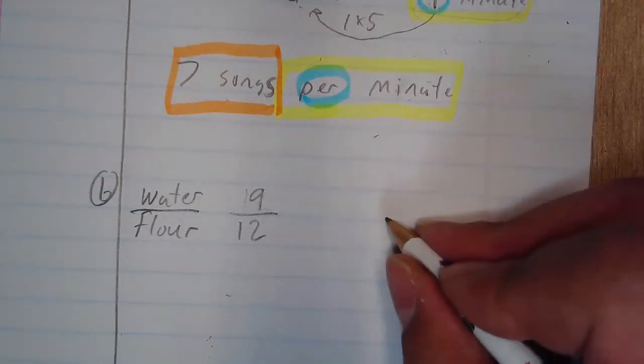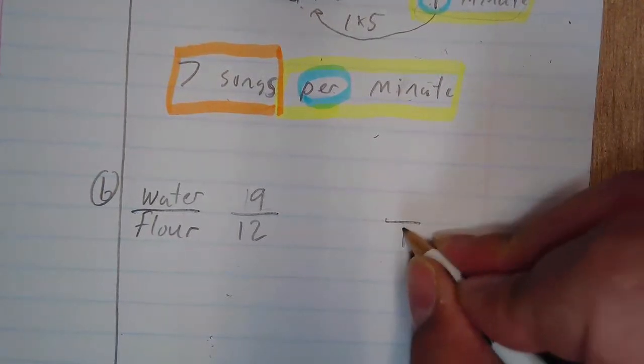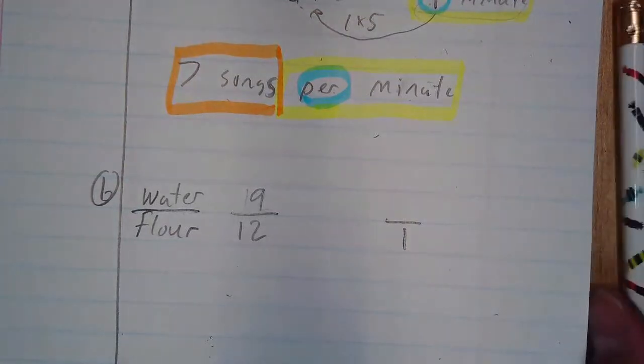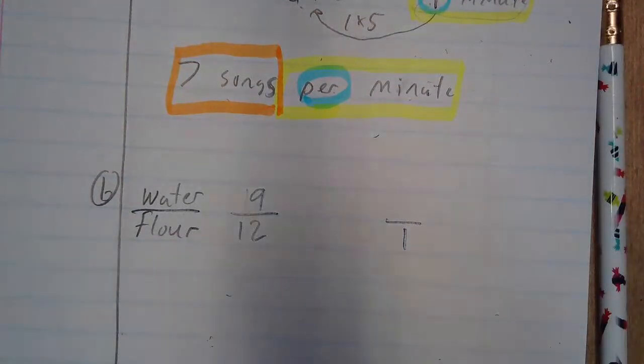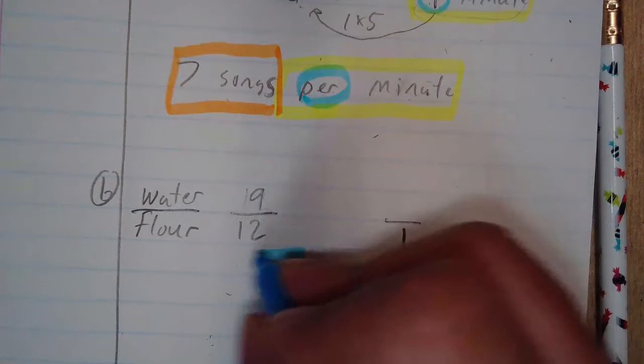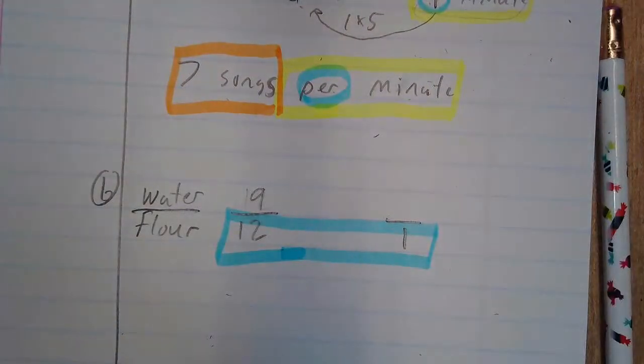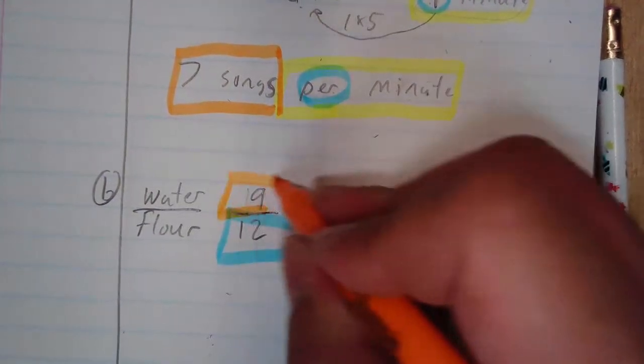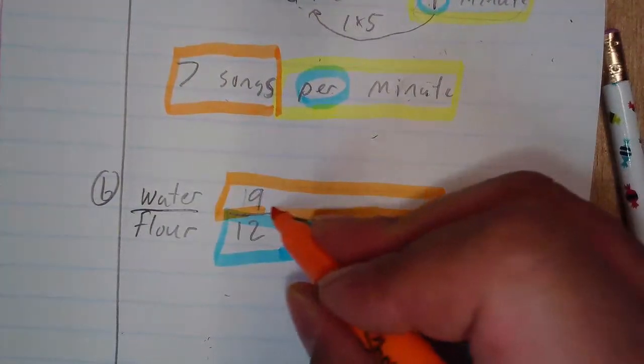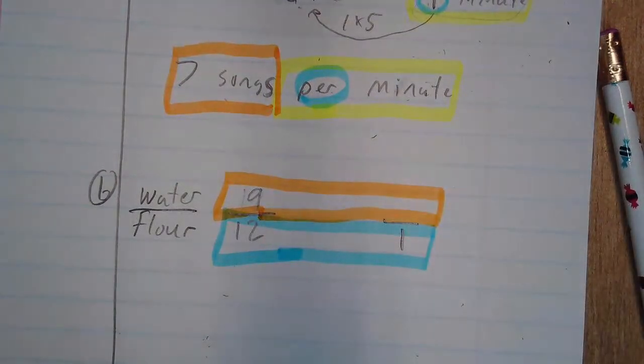All right. We want a unit rate. So the denominator has to be 1. I'm going to do something I didn't do with the other problem because I want you to see something. What you're really doing here is 2 separate problems. Do not confuse the 2. There is a connection. They are connected, but be aware of something.